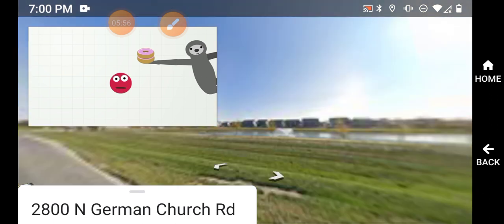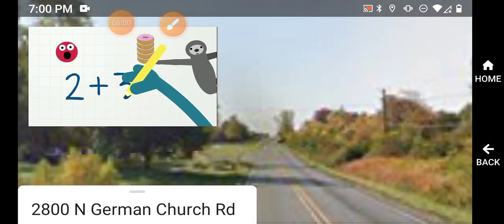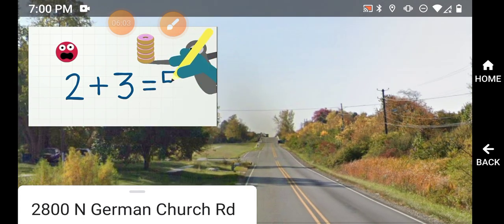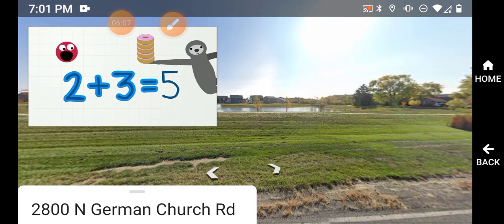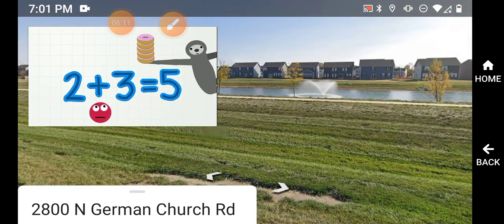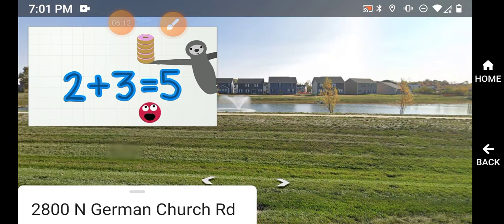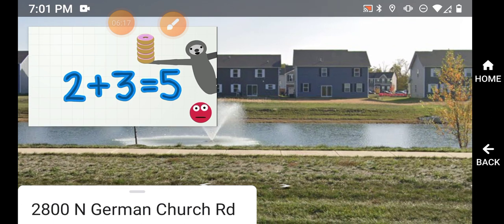First, the adding. 2 donuts plus 3 donuts equals 5 donuts. 2 plus 3 equals 5. 2 plus sign 3 equals sign 5. Happy sloth.